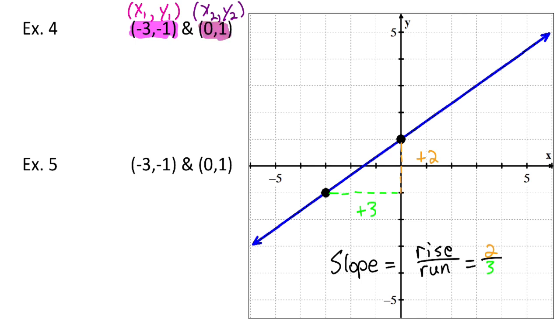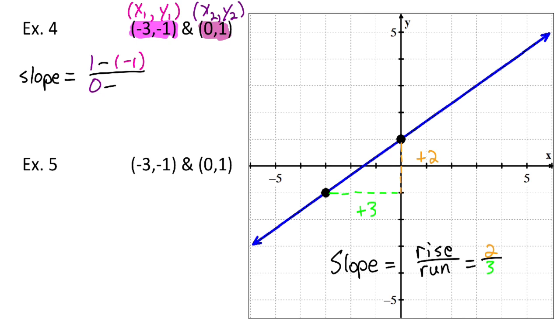So, remember, our equation is slope is equal to y2 minus y1 over x2 minus x1. So here, y2 is 1, subtract y1 is negative 1. And we're going to divide that by x2, which is 0, subtract x1, which is negative 3.